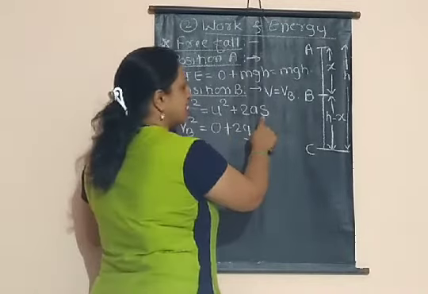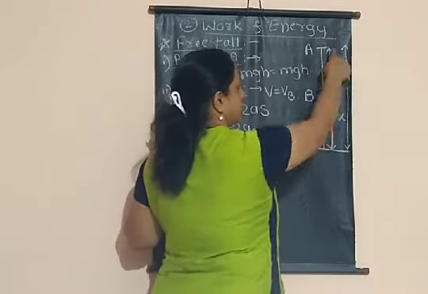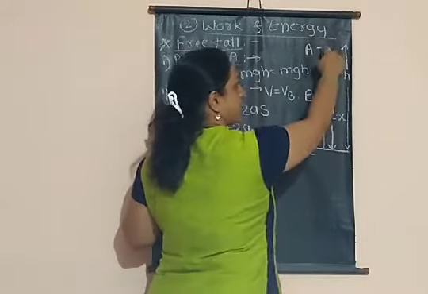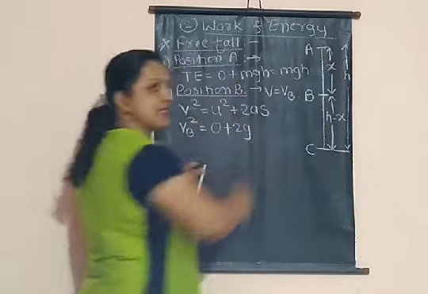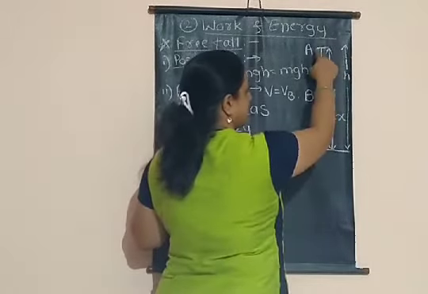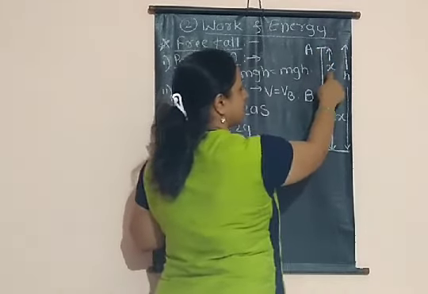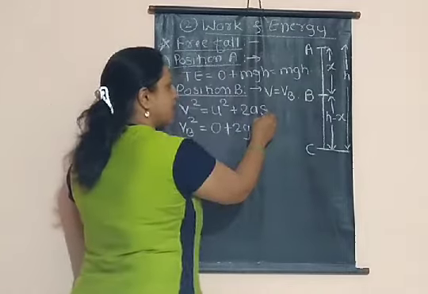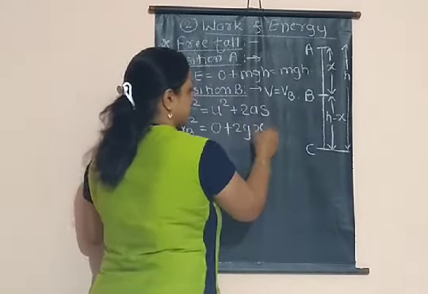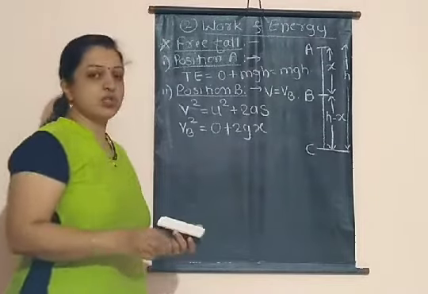And what is the distance covered when that object reaches point B? That will be x. The distance covered, s, is the displacement, and that is x. When it is released from A and reaches point B, it covers this distance x. So instead of s, we can write x. So Vb square is equal to twice gx.